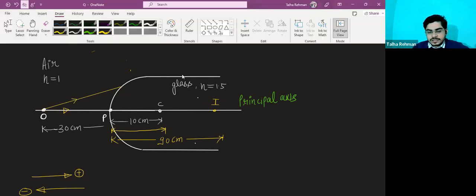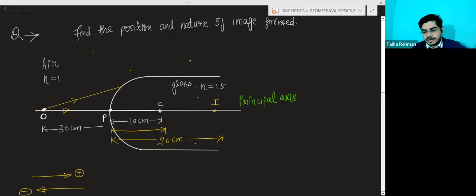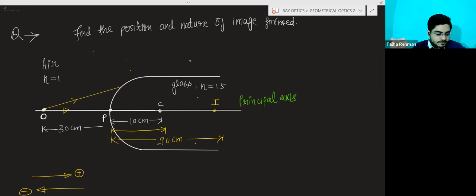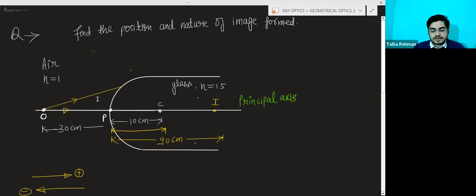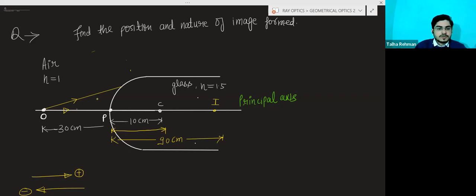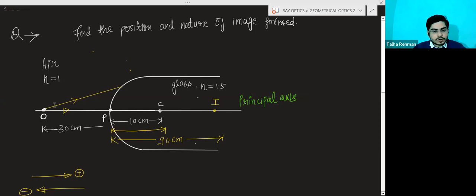A real image is one when the rays are actually meeting, and a virtual image is one when rays are just appearing to meet. So we will see whether here the image rays are actually meeting or appearing to meet. So the first ray from the object is like this, and another ray from the object is like this. So this ray will pass straight like this.